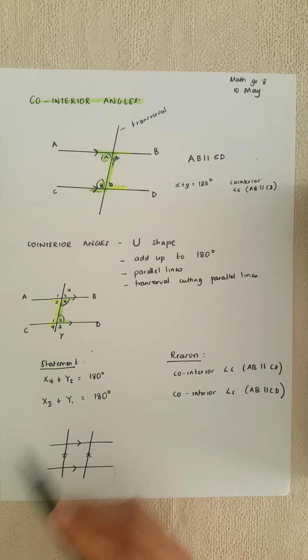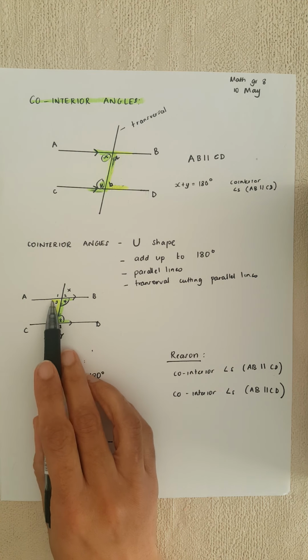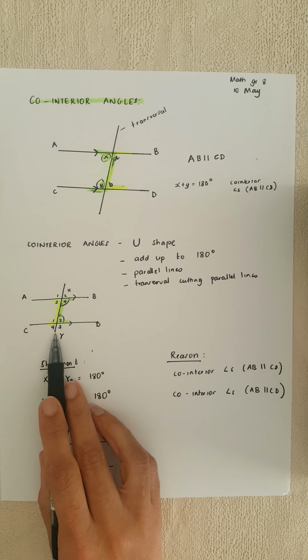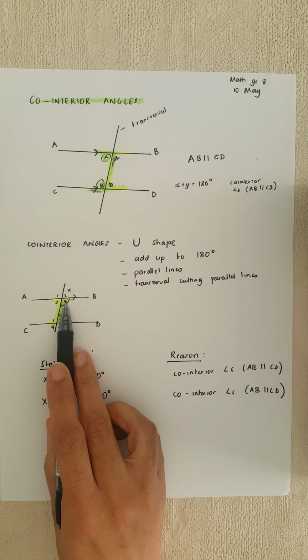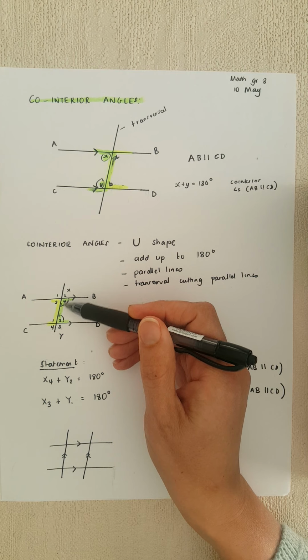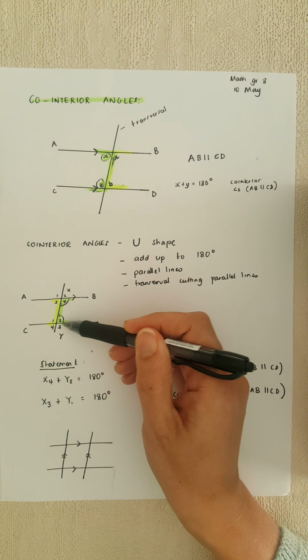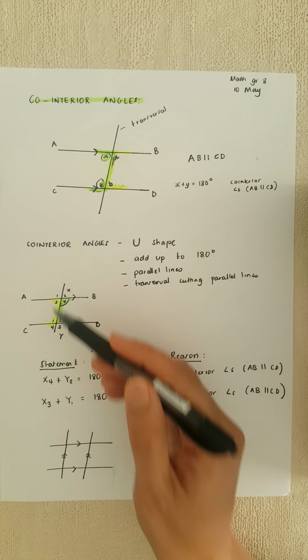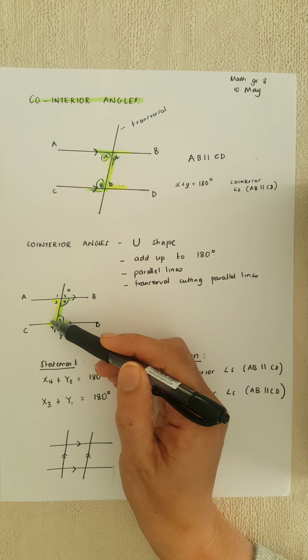And then we have a U shape for co-interior angles. On either side of the transversal, you're looking for a U shape, and those angles are adding up to 180 degrees. So these two inside that U are equals to 180 degrees, and these two inside that U is equals to 180 degrees.